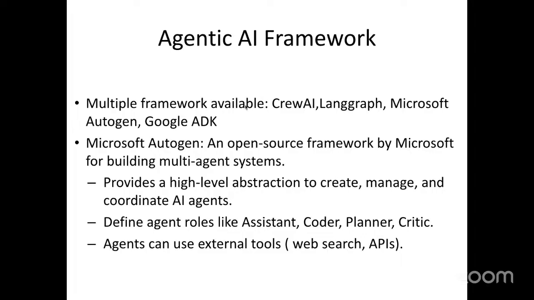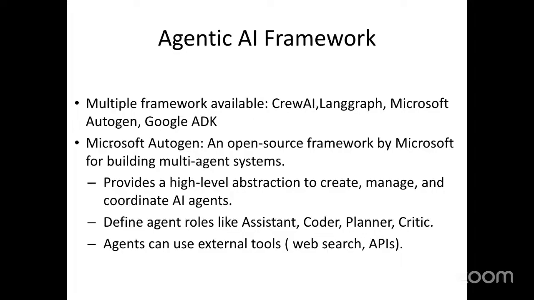There are multiple frameworks out there in the market, like CrewAI, LangGraph, Microsoft AutoGen, Google ADK. Different companies have different frameworks, and you can use any one of them to create this kind of system.